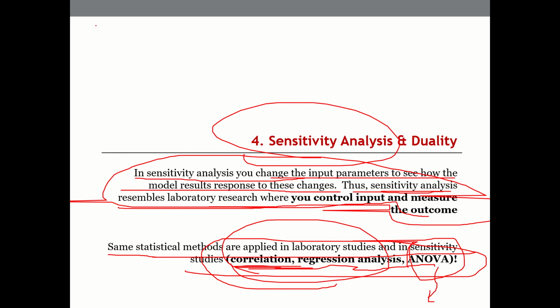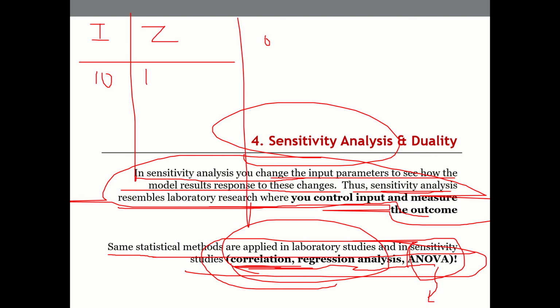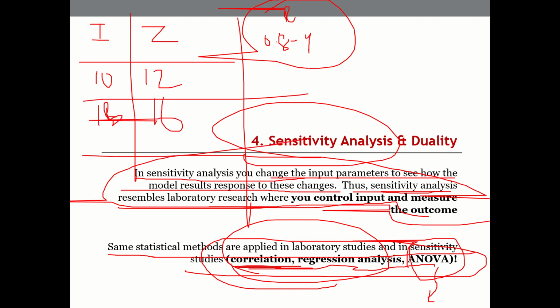For example, let's say we have a variable I and a variable z, and let us assume these are highly correlated, with an R value of, say, 0.8 or 0.9.